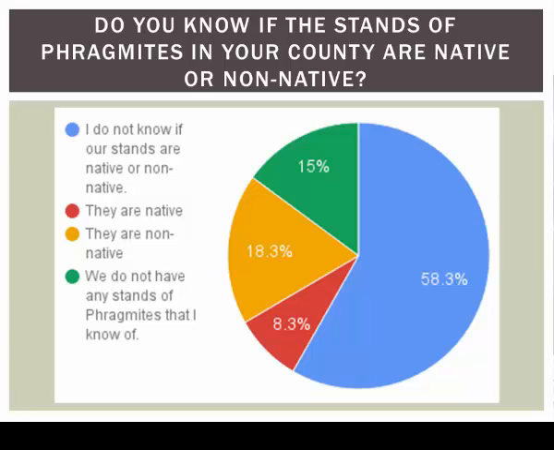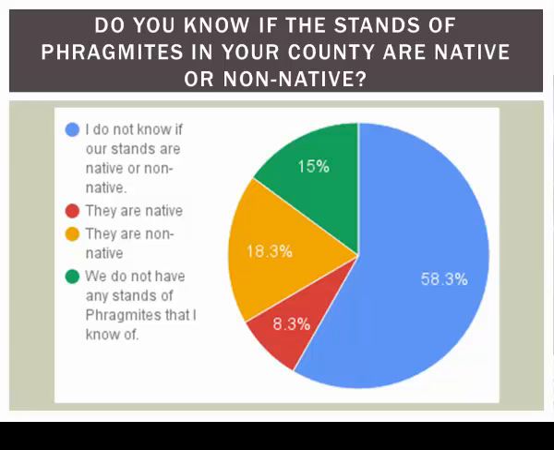So to just go through a couple of the questions that we asked in this more extensive survey, the first was, do you know if the stands of Phragmites in your county are native or non-native? So out of the 60 responses, you can see that only 8% said they are definitely native, 18% said they are definitely non-native, 15% said we don't have any stands that I know of, so they may just have been answering questions because they know about Phragmites, but they don't manage any land that has Phragmites on it.